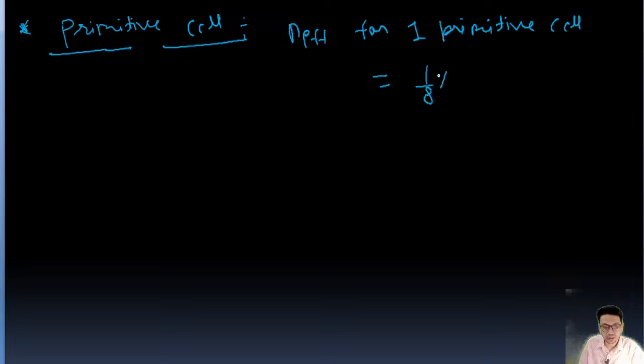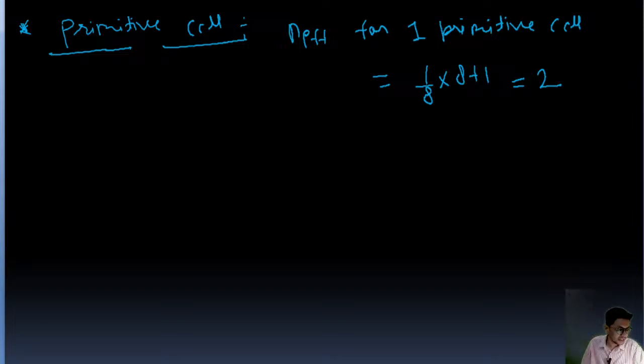Okay, N effective means effective number of atoms. N effective for one primitive cell is 1 upon 8 into 8 plus 1, right? So that is 2.